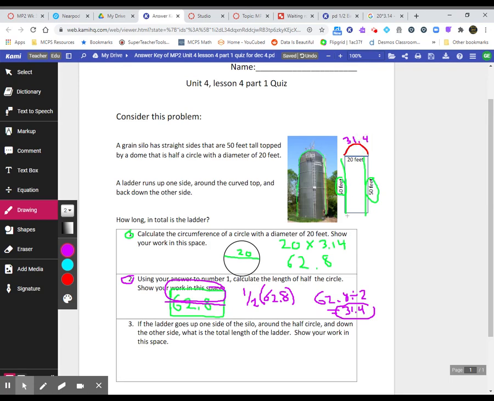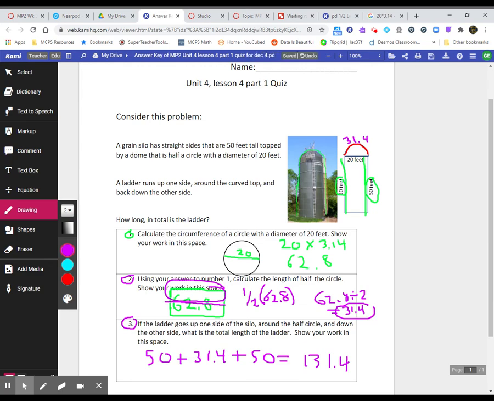And all that's left now is to say, how far is it up, around, and down? There's only 3 pieces there: up, around, and down. So we're going to go 50 plus 31.4 plus 50, and we get 131.4, and that's the answer for number 3.